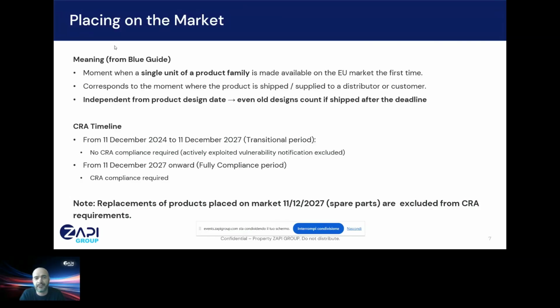So from the pragmatic point of view, this is the moment when the single unit is shipped or supplied from the manufacturer to the end user. And this is an important concept because it doesn't consider the moment where the product family was designed, but only when the single unit is placed on market.